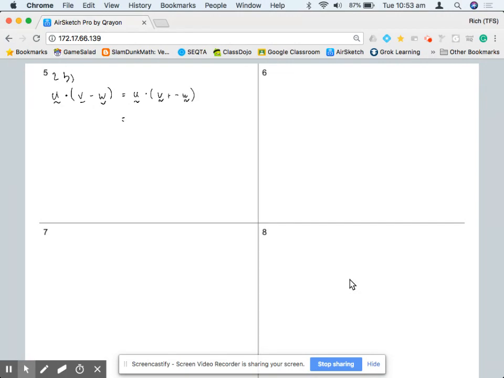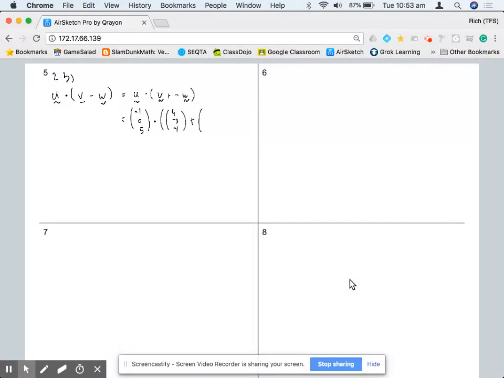And I know that the negative of a vector is simply multiplying each of the components of the vector by negative 1. So I'm now going to go into my notation, which is for u vector, negative 1, 0, 5. And I'm going to dot product that with 4, negative 3, negative 1. That's v vector plus, and I'm just going to reverse the sign in the w vector.